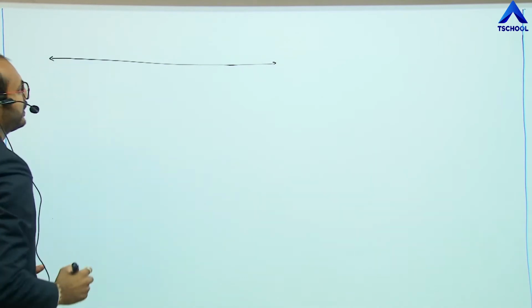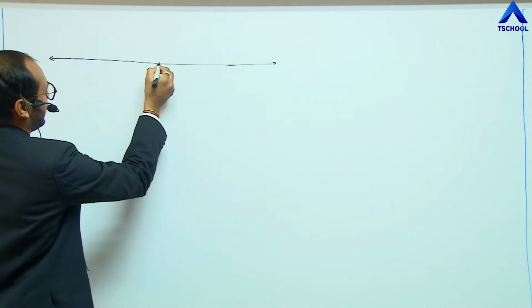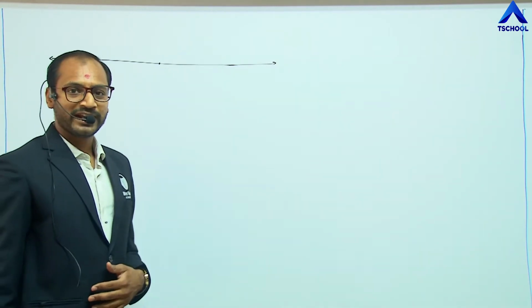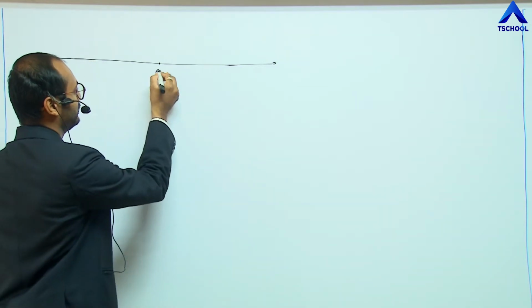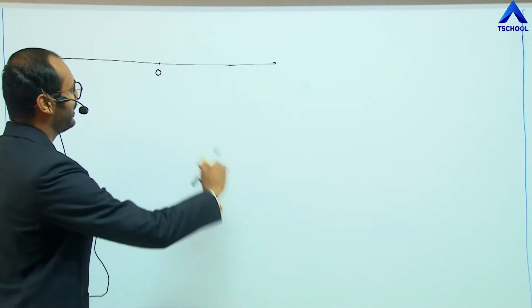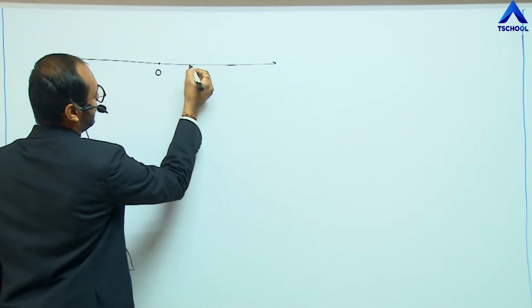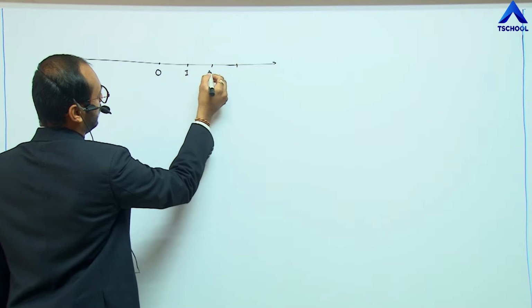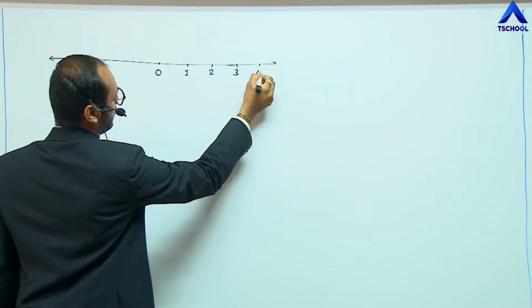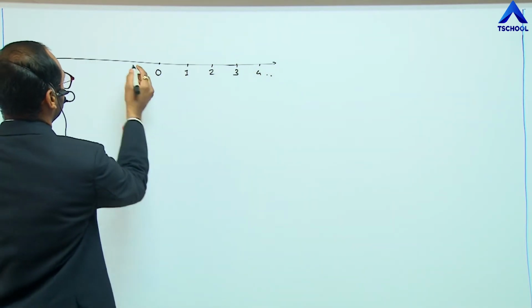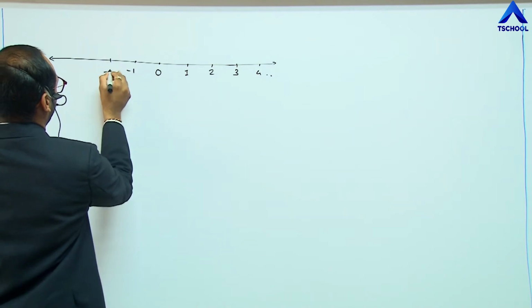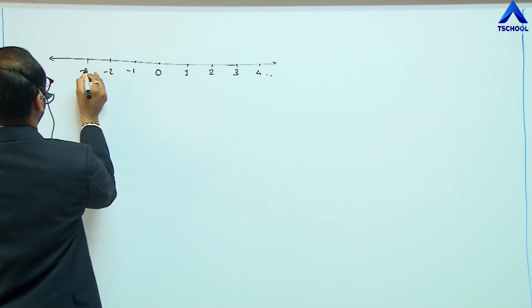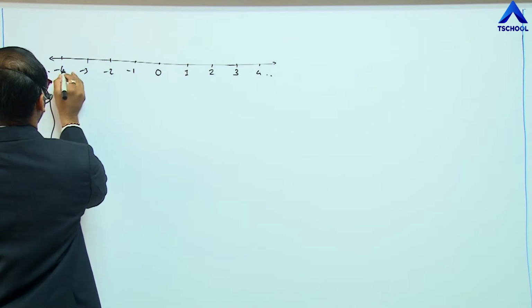So, this is a number line. The center point of the number line is 0. You know that on the right side there are positive numbers 1, 2, 3, 4 and so on, and on the left -1, -2, -3, -4 and so on.